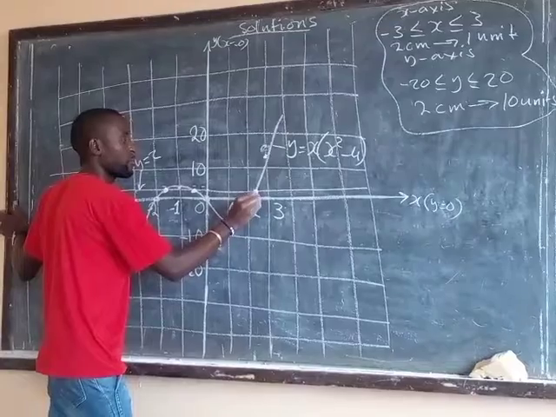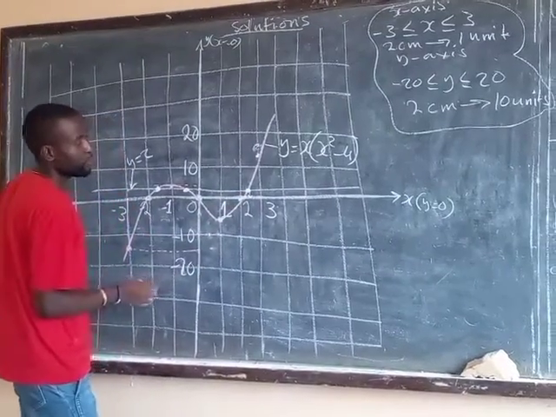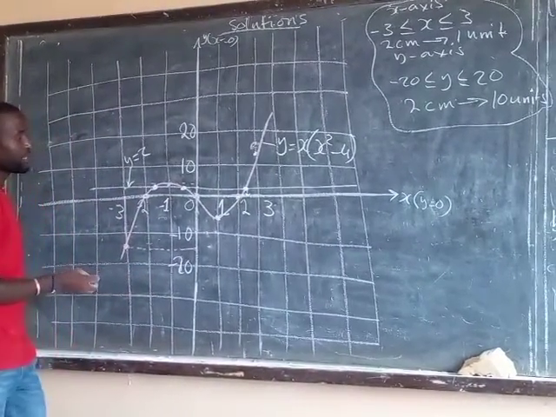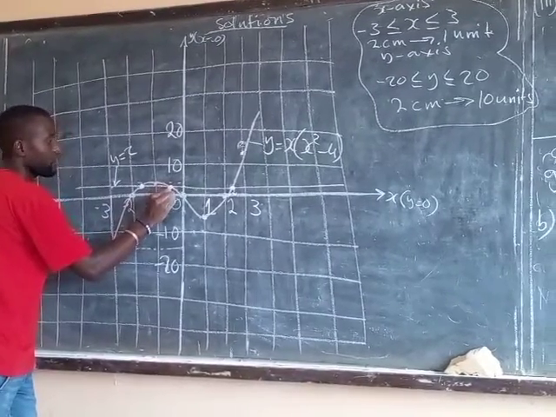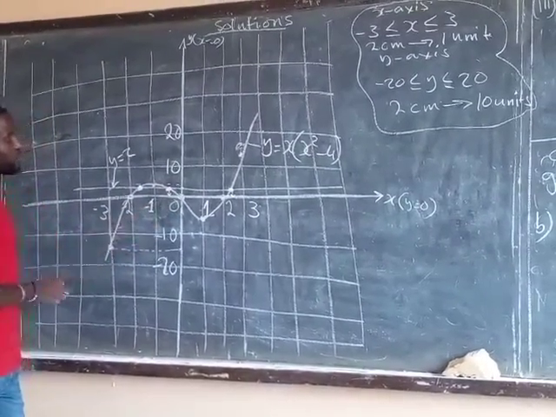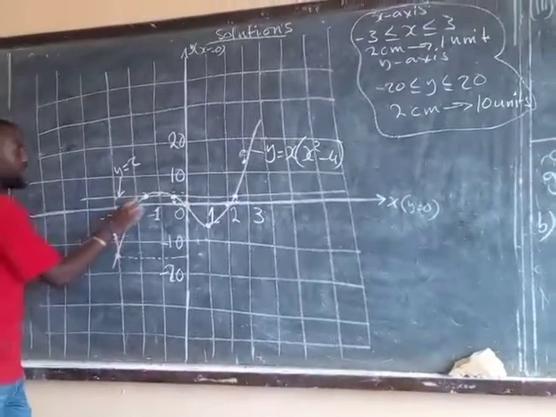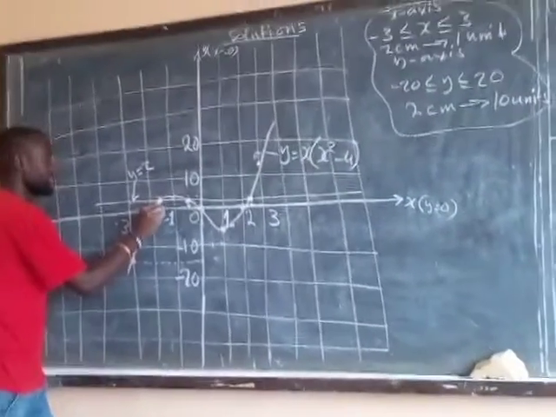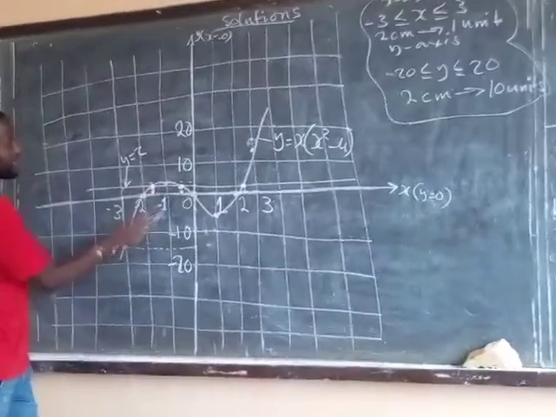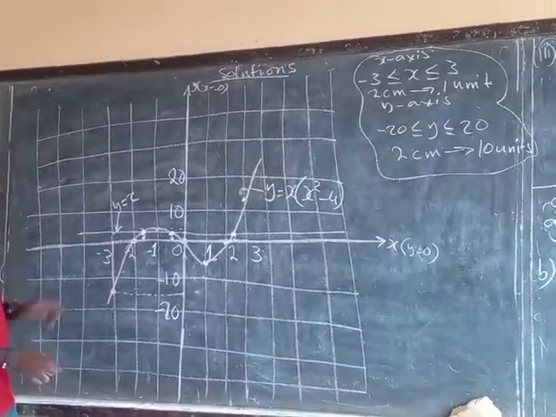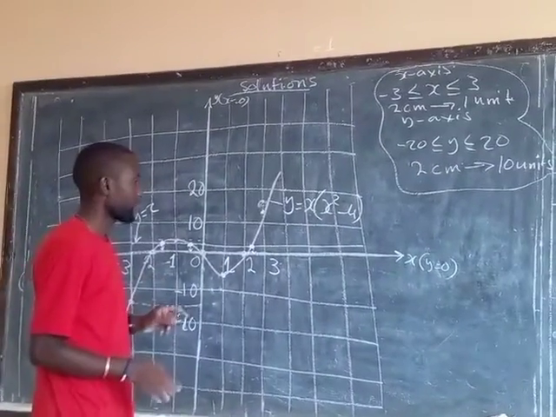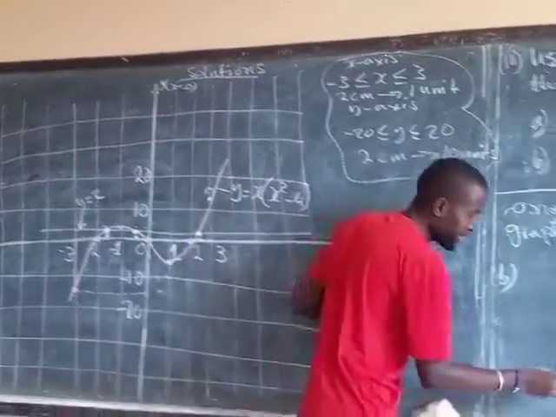This is probably 2.5 approximately. What about this part here? This will be approximately here. It will be 0.5. Again here approximately. It will be negative 1.6. Okay, so I write my answers here.